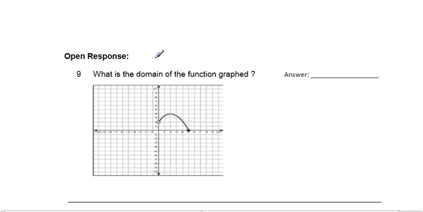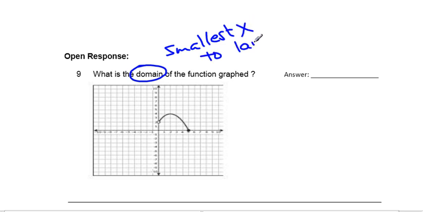Number 9, what is the domain of the function? Domain means x, and it says what's your smallest x to your largest x. On this graph, if you draw a line right here, and you draw a line right here, my smallest x is 0, and it's not included because it's an open circle.